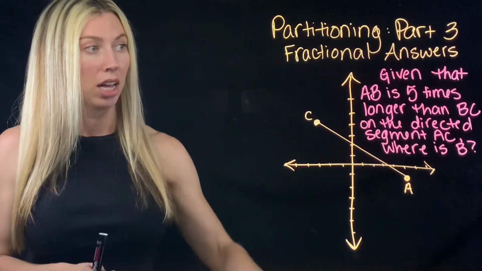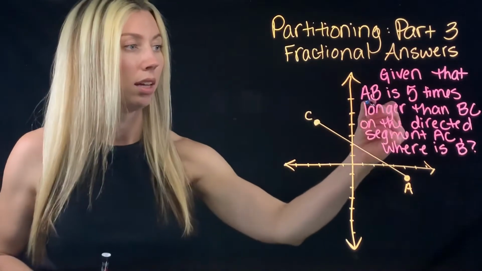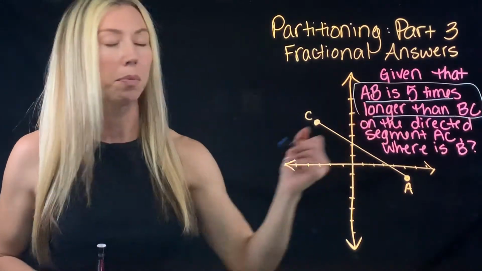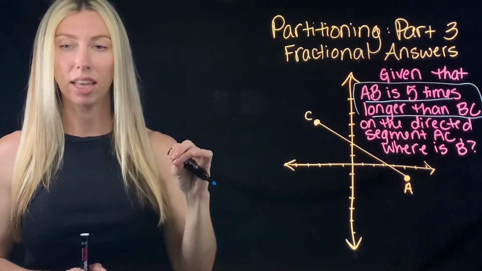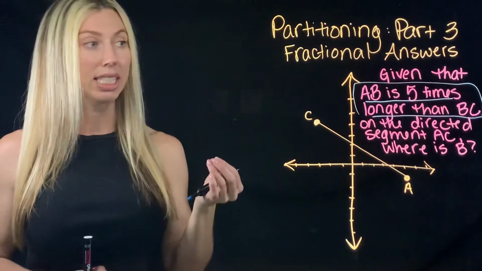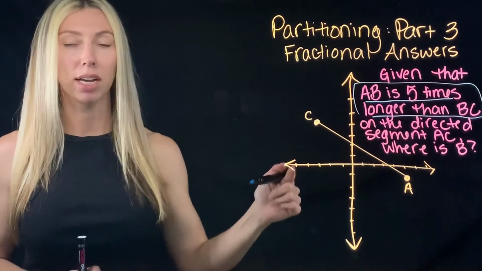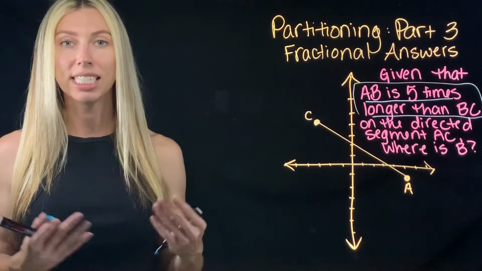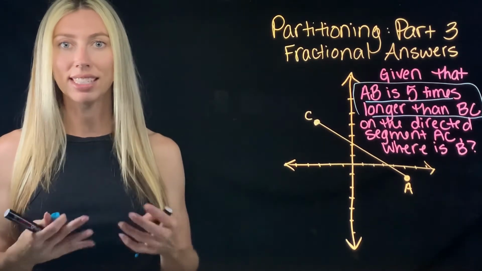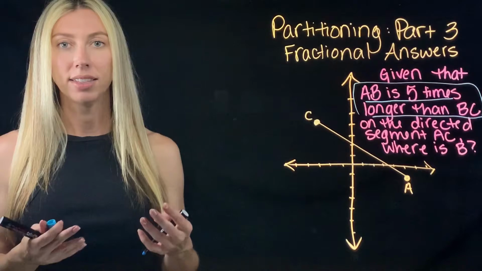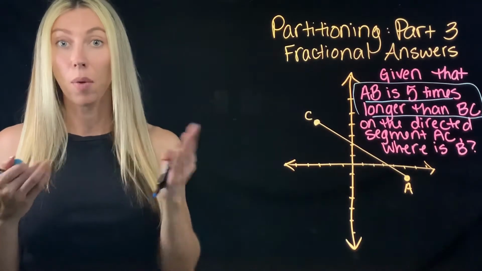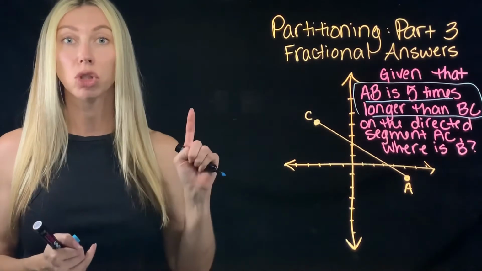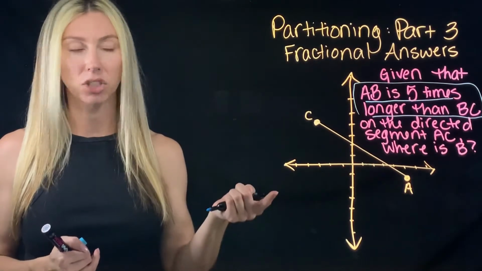So right here, this is the part we need to make our dash diagram. The dash diagram comes from the part where they're comparing the two segments. So in this case, it says AB is 5 times longer than BC. Typically, the best way to do that is just to take whichever side they said was longer and make that however many times longer it is, that's how many dashes you want to use, and then you'll just use one dash for the remaining section.